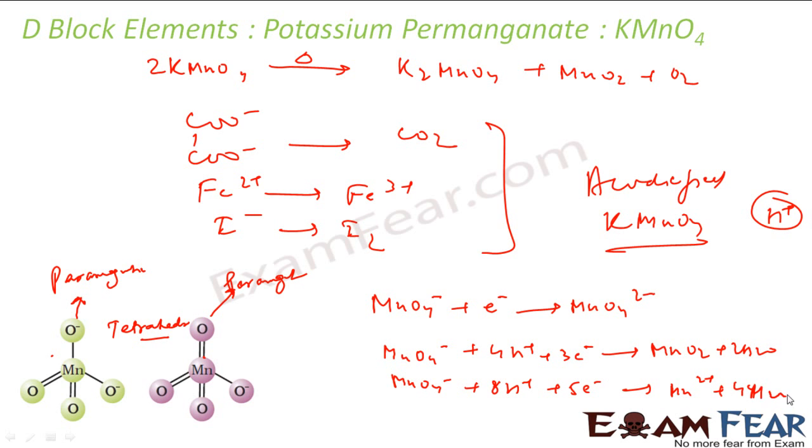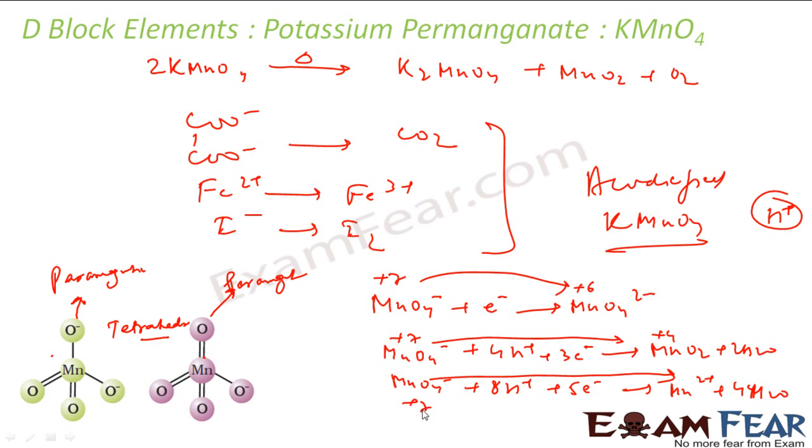See, the role of MnO4 minus is oxidizing agent, right? So in this case, it is getting reduced from +7 to +6. In this case, from +7 to +4, a little bit acidic. More acidic, +7 to +2, highly reduced.